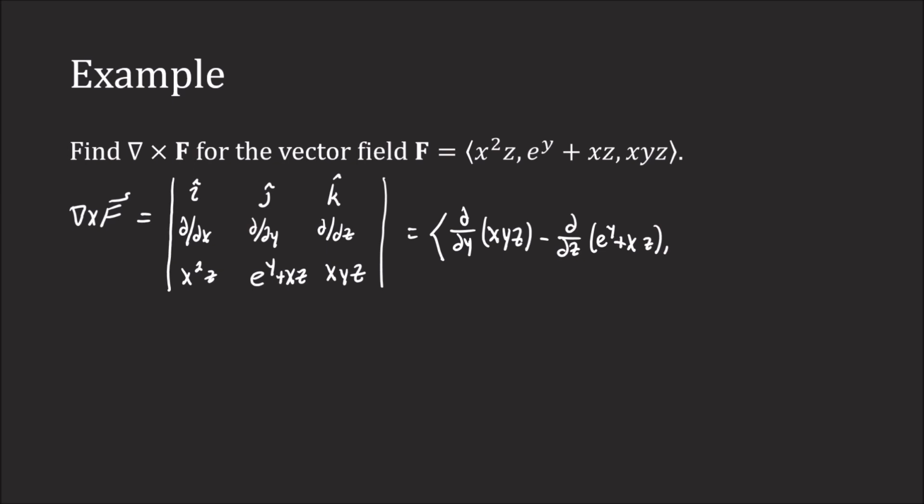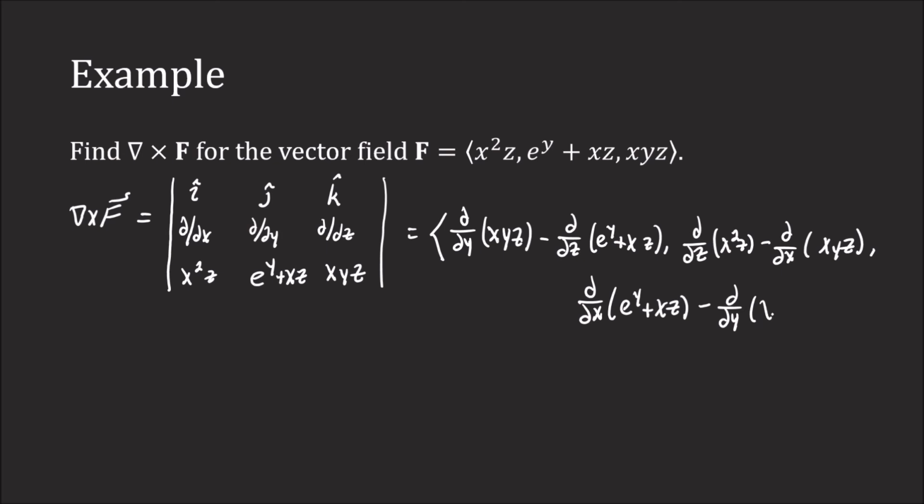The second component flips the order, so we'll get partial z of x squared z minus partial x of xyz. And the final component, partial x of e to the y plus xz minus partial y of x squared z.